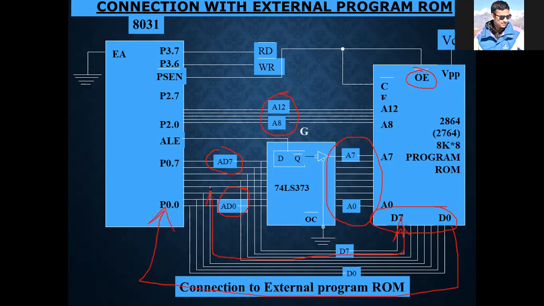As you know, data is bidirectional and address is unidirectional. So address can go in one direction only, but data can be transferred in both directions. So finally, we can conclude that this PSEN bar enables the ROM to start the transfer of data and address between the microcontroller and the program ROM. Is it clear?